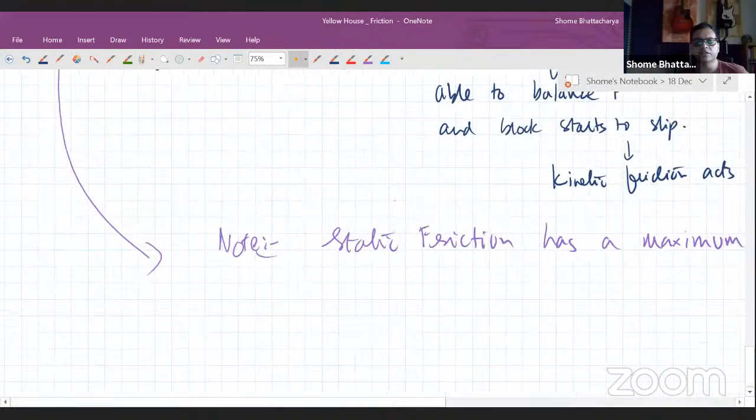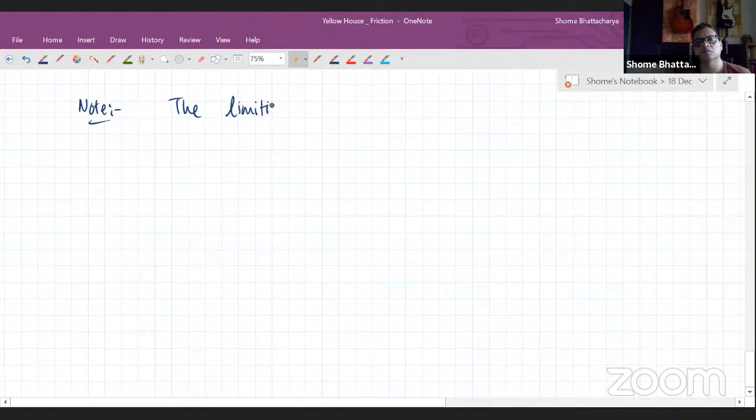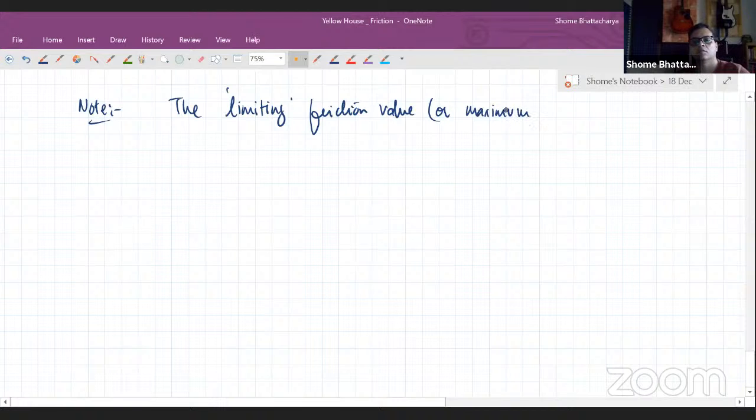So this limiting static friction, the limiting friction value, or what we call the maximum static friction, the maximum static friction that is available between a surface and a body, we can give it the symbol like this, Fs maximum.